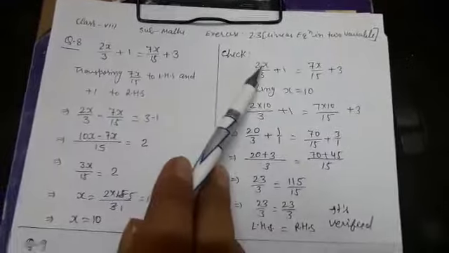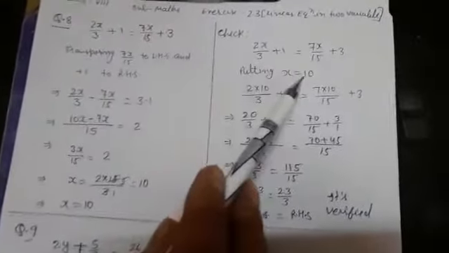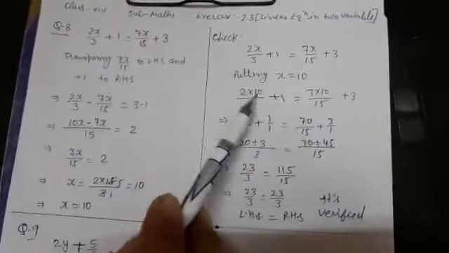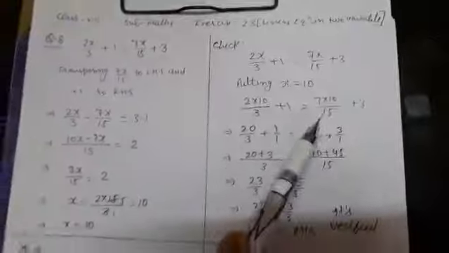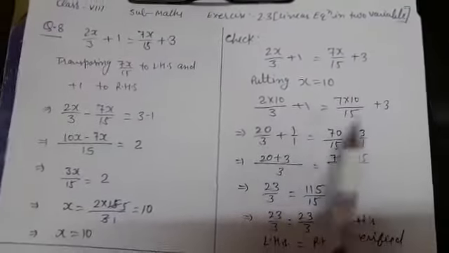Now we will check our result. So now again we will put here in this equation the value of x, 10. 2 into 10 upon 3 plus 1, 7 into 10 upon 15 plus 3, 20 upon 3 plus 1, 70 upon 15 plus 3.